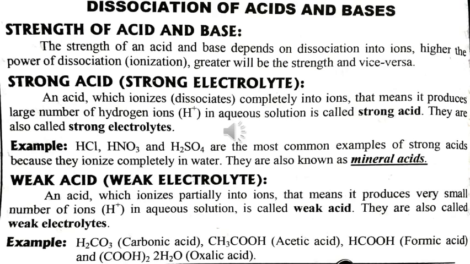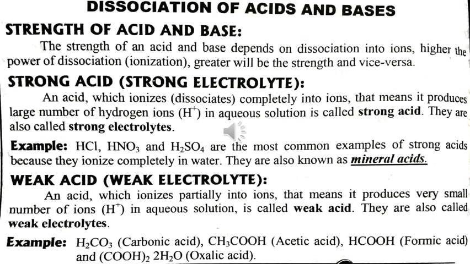Now, what is the strength of acid and base? The strength of an acid and base depends on dissociation into ions. The higher the power of dissociation, ionization, the greater will be the strength, and vice versa.